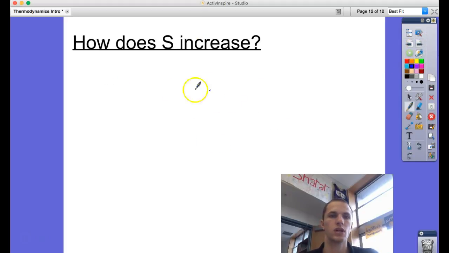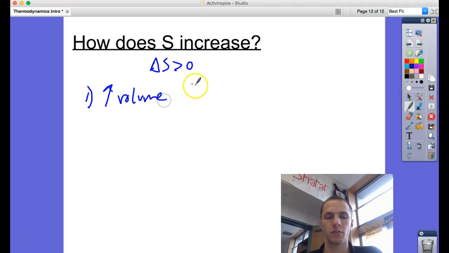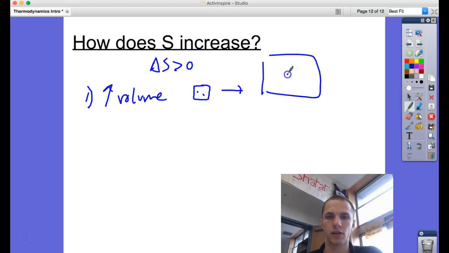So what are some ways that we can increase entropy, that we can have delta S be greater than 0? Okay. Well, one is we can increase the volume. Like that example I gave you earlier, a small box with 2 dots in it versus a big box with 2 dots in it. Way more possibilities of where these molecules can be here than here. What else could we do?